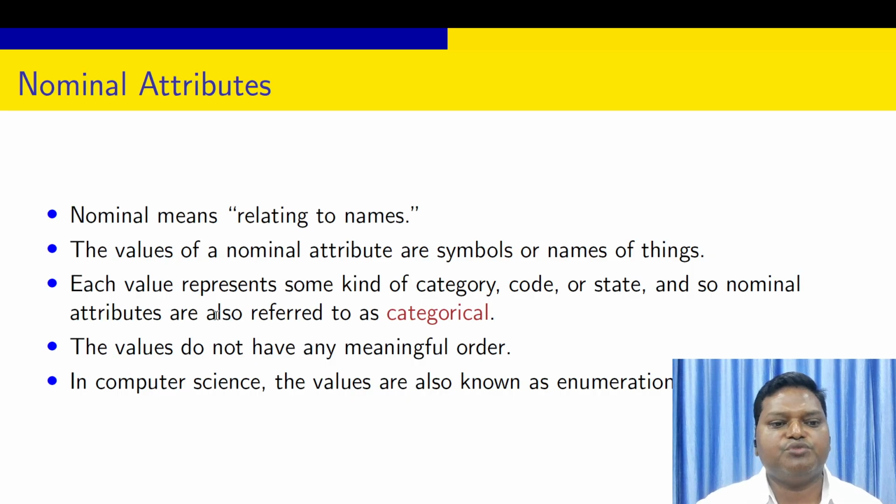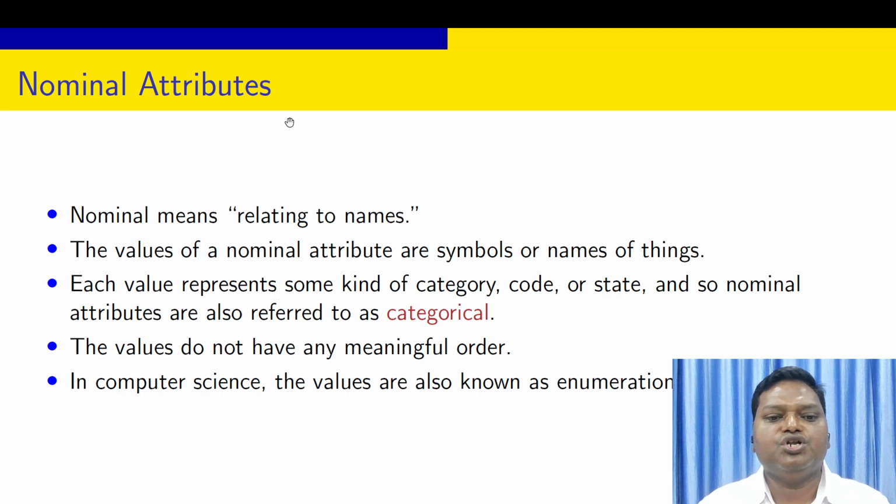So firstly, let us talk about the nominal attribute. Nominal attribute, as the name indicates, is related to the name of an attribute. For example, colors. Every color has a name. So color is a nominal attribute. Similarly, you can have BTech stream: computer science, artificial intelligence, machine learning, data science, information technology.